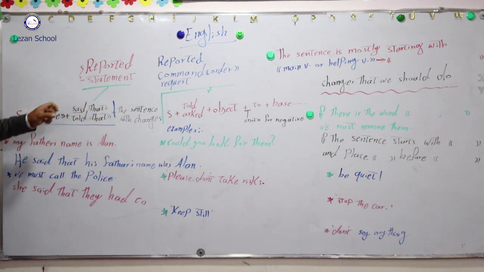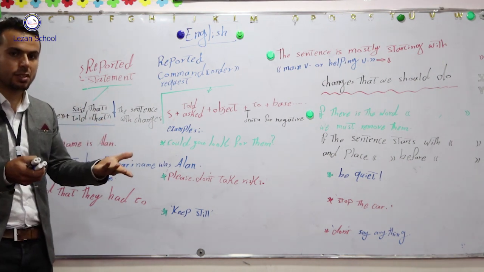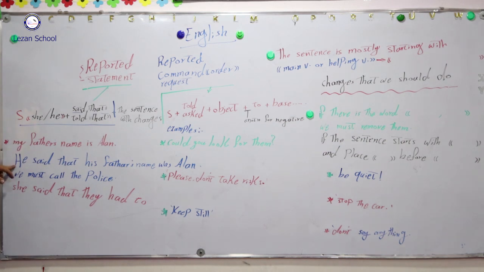Reported statement is starting with a subject. Here is the subject, my father's name. This is the subject. We must call the police. We is the subject. But what about reported command or request?